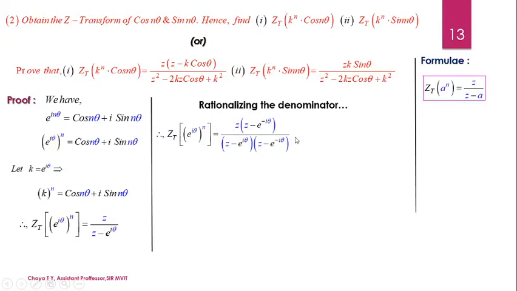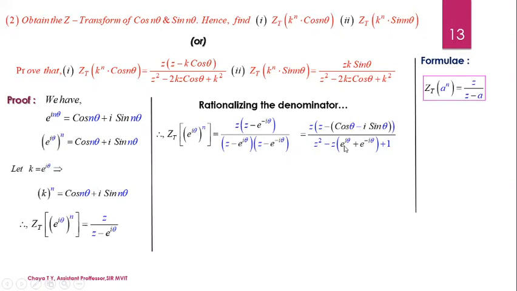So when we do the same, we are going to get it as z times of z minus e to the power minus i theta divided by z minus e to the power i theta into z minus e power of minus i theta. Now we know that e power of minus i theta is nothing but cos theta minus i sin theta. We have used Euler's formula for the exponential term and the denominator we have multiplied.